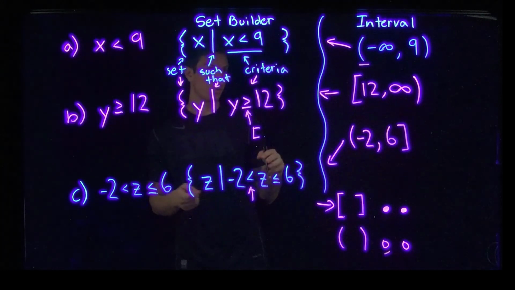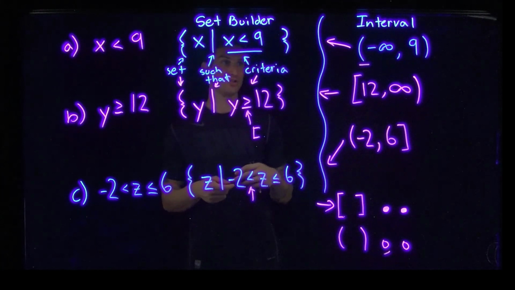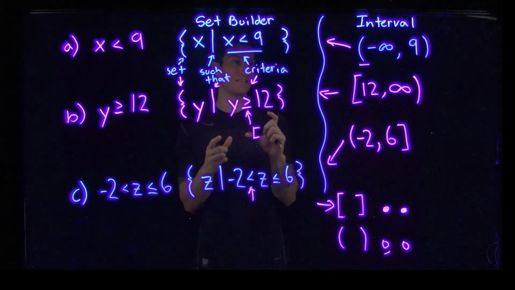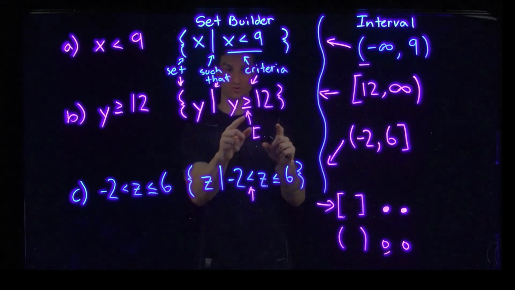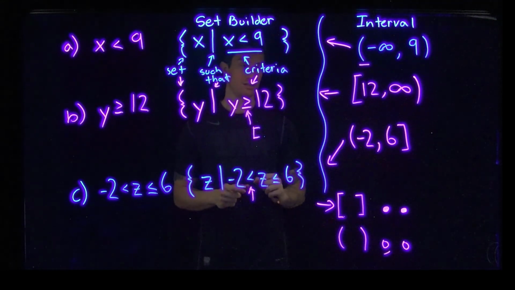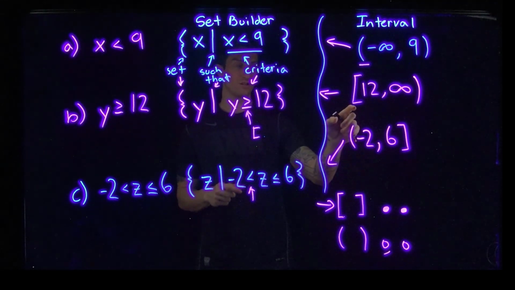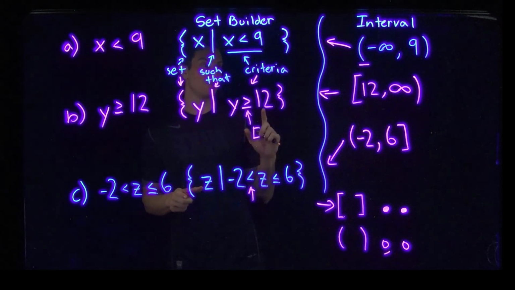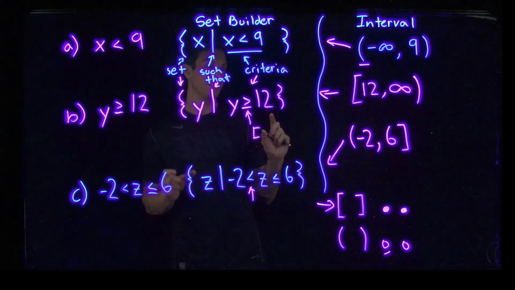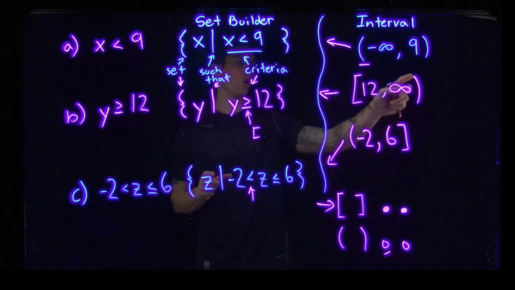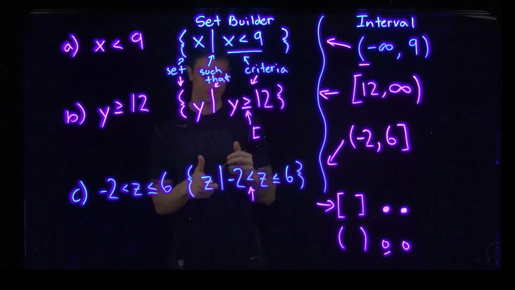And remember, the open circle is used when it has greater than or less than, but it does not have the equals. When it has the equals to, which is right here, we get a bracket. So the bracket goes along with whenever we're allowed to equal that value. If we don't equal that value, it gets a parenthesis. And then the last trick here is infinities. Negative or positive infinities always get the parenthesis, always.